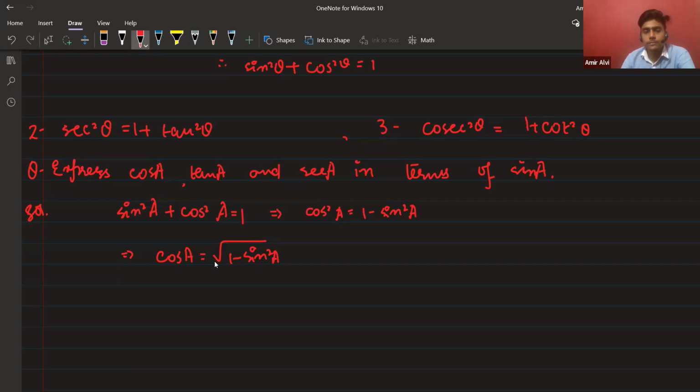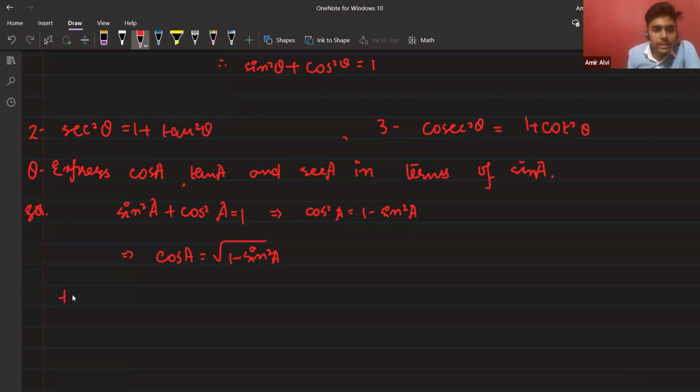We just shifted the sine square to the right side, and then we have taken the square root because we need cos A. So when we take the square root, it would be root of 1 minus sine square A.